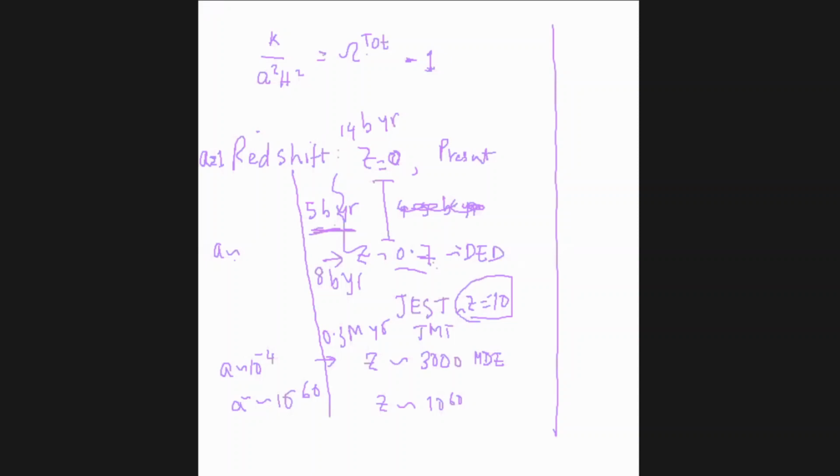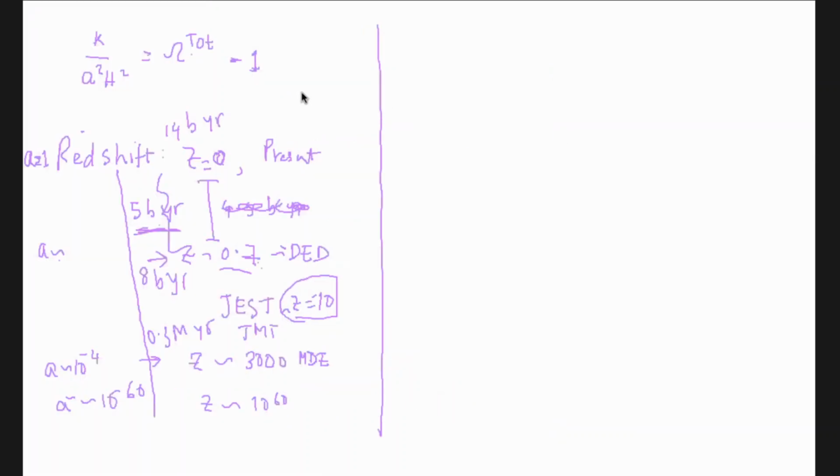So what people do in a convention is that this equation, people sometimes write it like this: 1 equals omega total minus k by a square H square. Now, if k equals 0, then we know omega total is equal to 1.